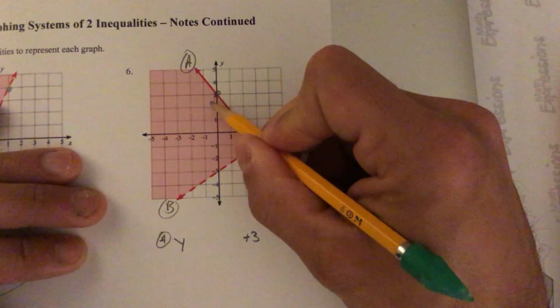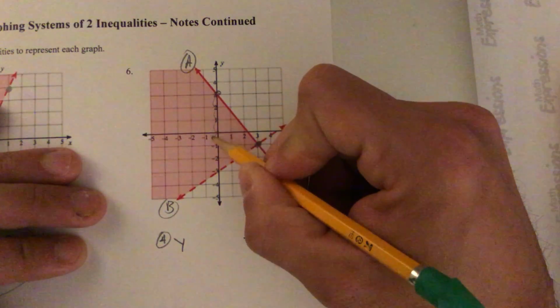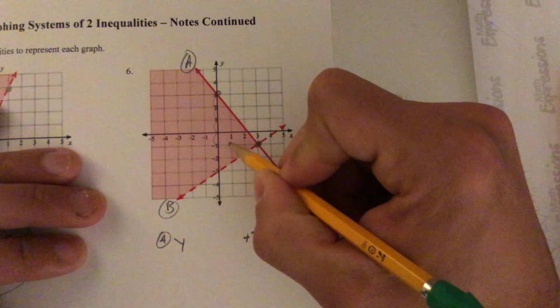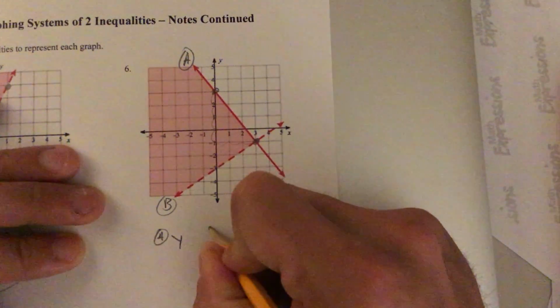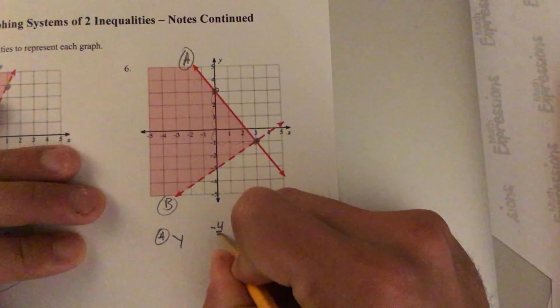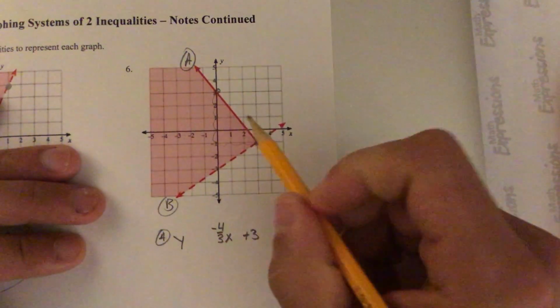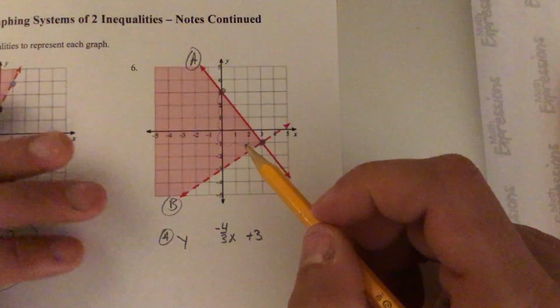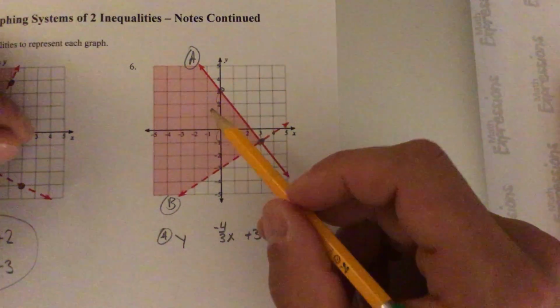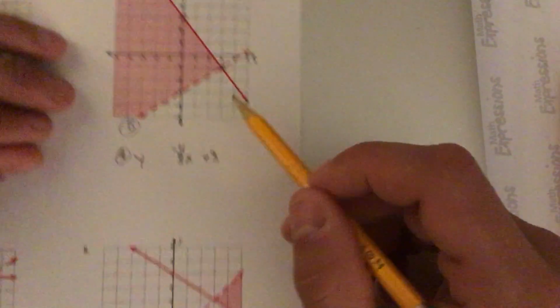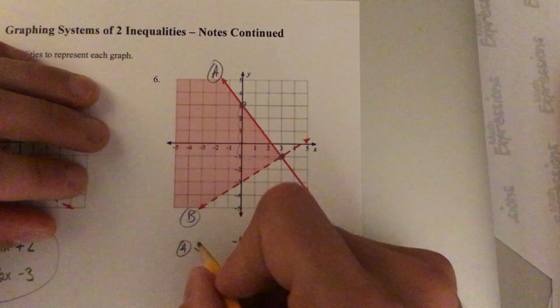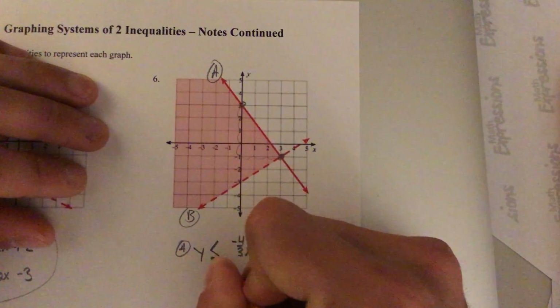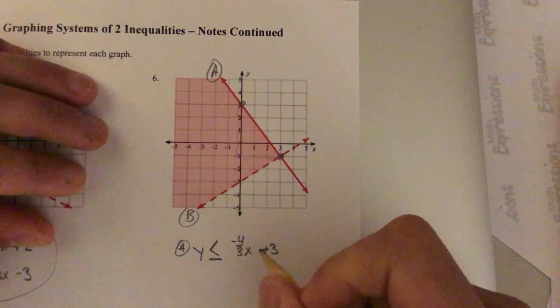So that looks as though down 1, 2, 3, 4, down 4, right 1, 2, 3. So -4/3 x. Okay, now let's look at that symbol. It's a solid line, so it will have an or equal to. And notice we shaded below it. Oops, so sorry. So that means it will be less than or equal to for line A.